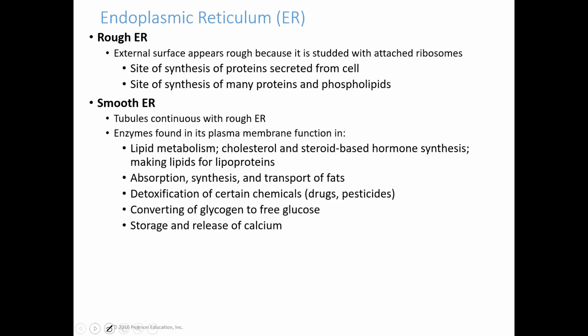And so your patient's going to feel miserable or uncomfortable until that's gone. So that's what the smooth ER does. The liver is all about detoxification, and that's probably the biggest role, outside of storing calcium for muscles, that we see the smooth ER doing for us.